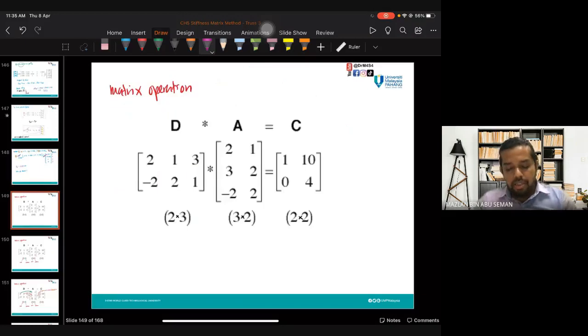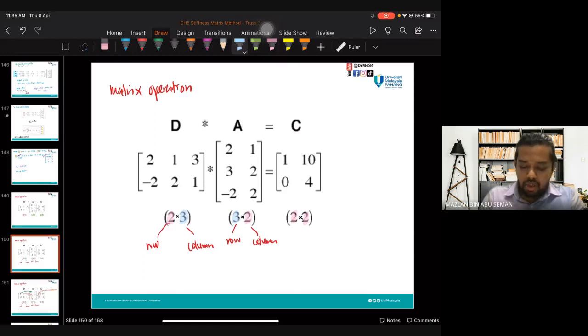Okay, so this is just to recall how to do matrix operations. You have D matrix, A matrix, and C. The size of matrix D is 2 times 3. The size of matrix A is 3 times 2. And in the end, you will get a result of a 2 times 2 matrix. So this is your row, this is your column. Row, column. To make sure you can do the matrix operation, the values here must be the same, 3 and 3.